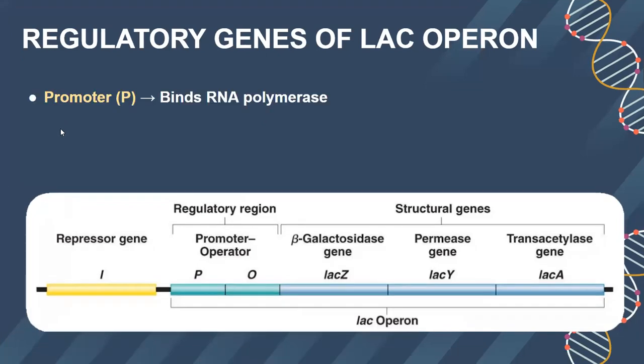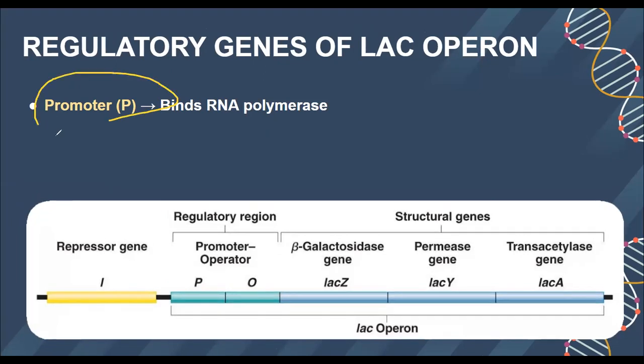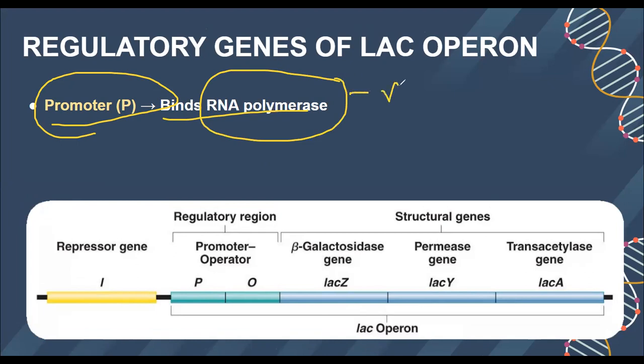So you have three parts of this regulatory gene, which is the lactose operon. The first part is the promoter. This promoter will start the process of transcription by binding the enzyme RNA polymerase. What is the process of transcription? That is, an mRNA will be made from this DNA, from this gene.